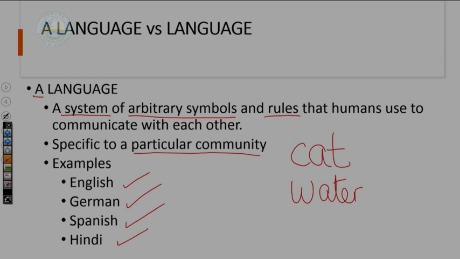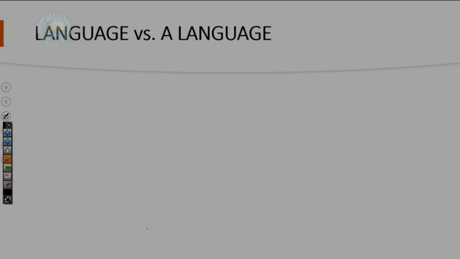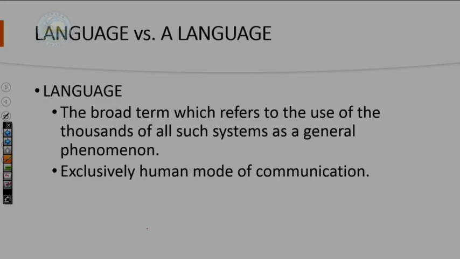And when we talk about a language, this is what we're referring to. However, on the other hand, when we speak about language, language itself is the broad term. It is the broad term which refers to the use of the thousands of all such systems as a general phenomenon, an exclusively human mode of communication.